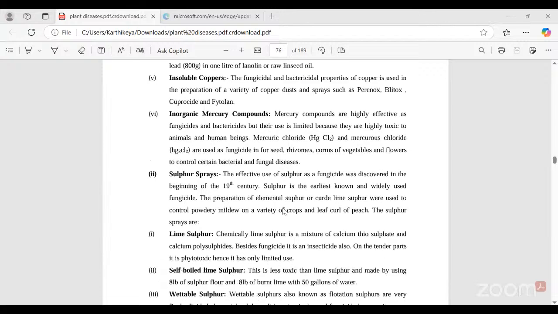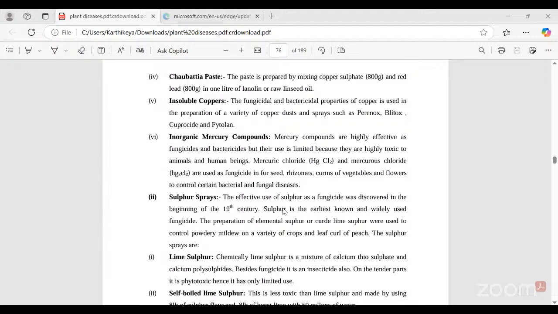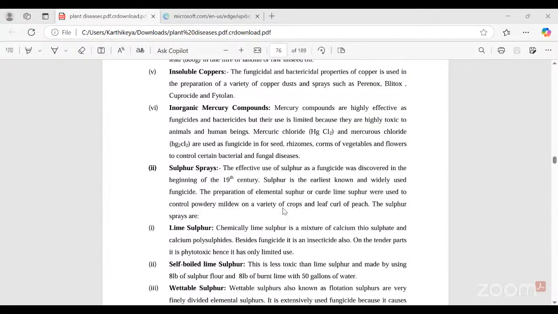Insoluble copper: the fungicidal and bactericidal properties of the copper are used in a variety of copper dust sprays such as Perenox and Blitox, Fytolan. Inorganic mercury compound.